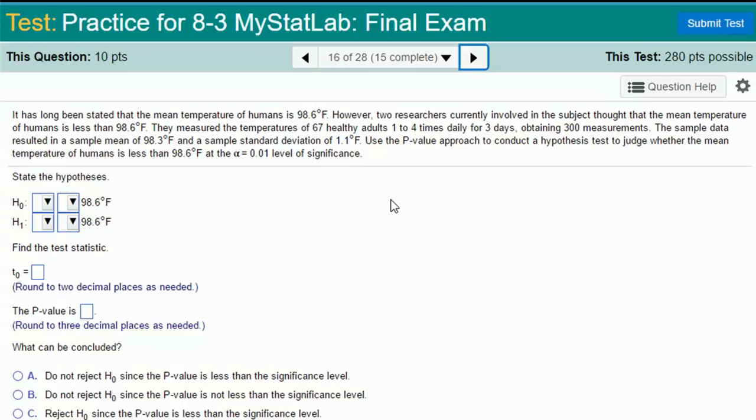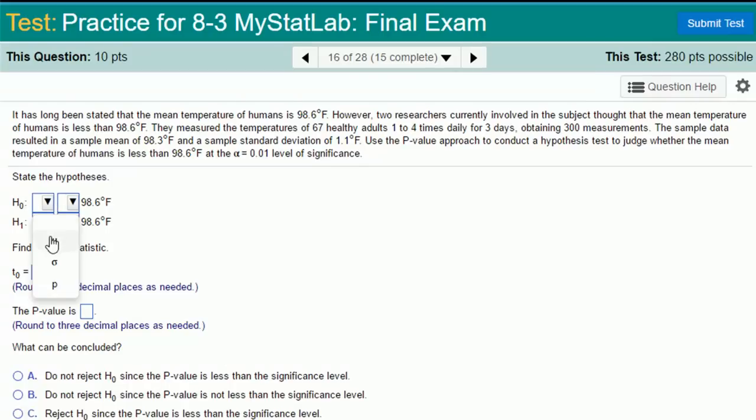They measured the temperatures of 67 healthy adults 1 to 4 times daily for 3 days, obtaining 300 measurements. The sample data resulted in a sample mean of 98.3 degrees Fahrenheit and a sample standard deviation of 1.1 degree Fahrenheit. Use the p-value approach to conduct a hypothesis test to judge whether the mean temperature of humans is less than 98.6. Alright, so first off, the hypotheses.